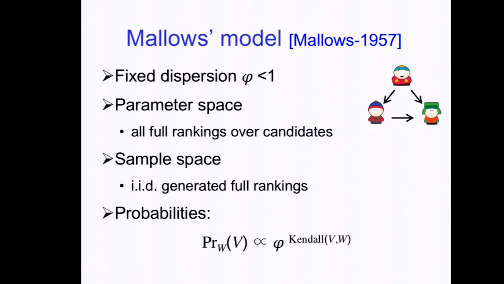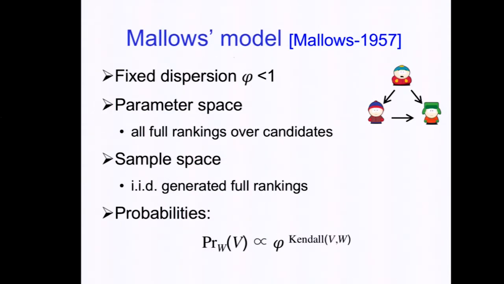That's a cheap example, but a slightly more sophisticated example is Mallows' model. As I promised, it's one of the distance-based models. The formal definition is that we have a dispersion parameter phi, strictly between 0 and 1. The parameter space is composed of all full rankings over the candidates. For example, here is a full ranking, which is acyclic: Eric, Stan, Kyle.